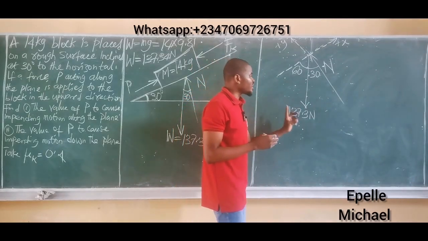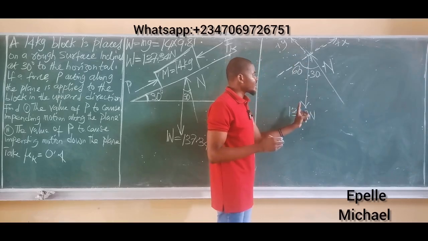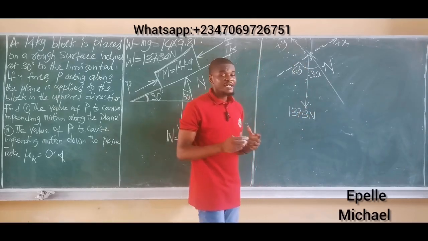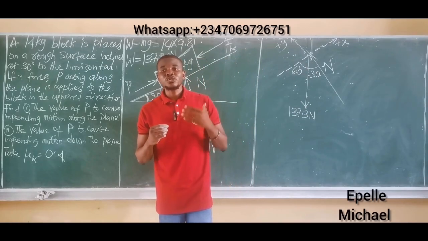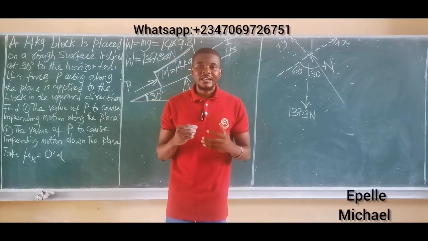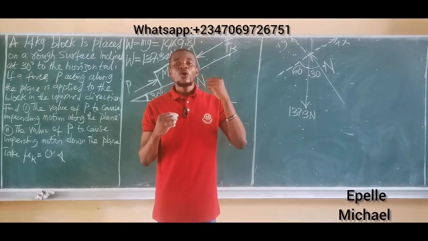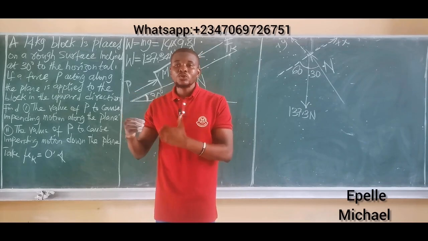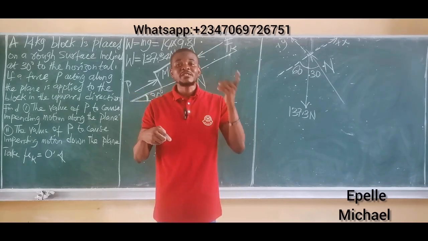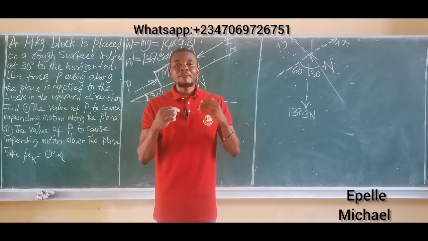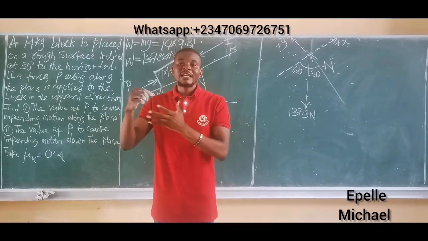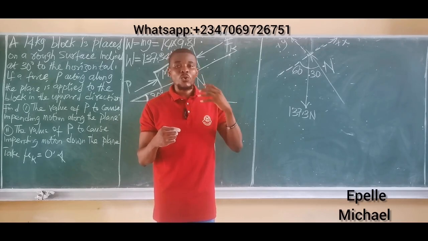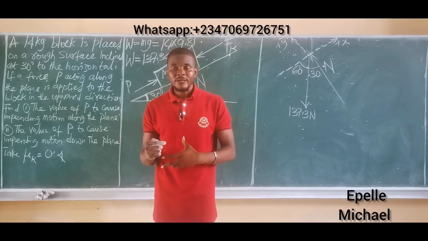Now we need to resolve the weight to the vertical and horizontal inclined directions. To do this, you simply hold the tip of the arrow of the weight and pull it to meet the particular direction you want to resolve in, in that quadrant where the weight is found. If the weight passes through an angle to get to that direction, multiply the weight by the cosine of the angle it passes through.